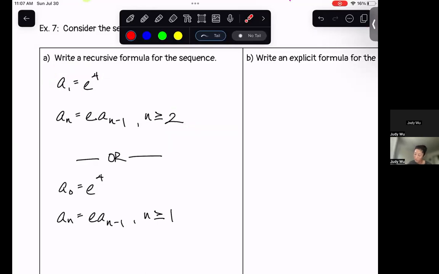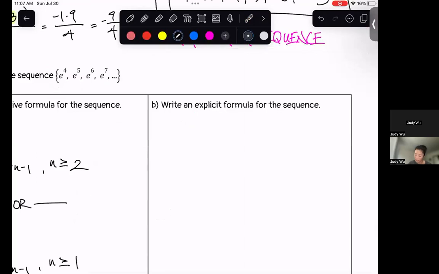Okay. All right, let's take a look at this explicit formula here. Well, I think we really got this idea maybe that these powers go up by 1. Okay, so we could say that a sub n equals e to the 3 plus n if n is greater than or equal to 1, right?